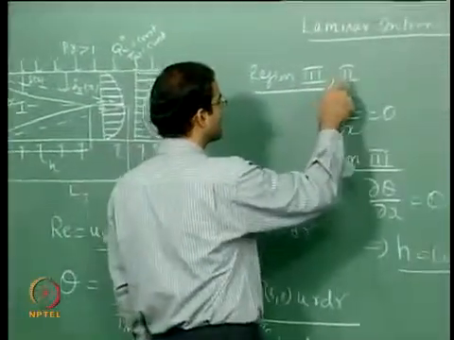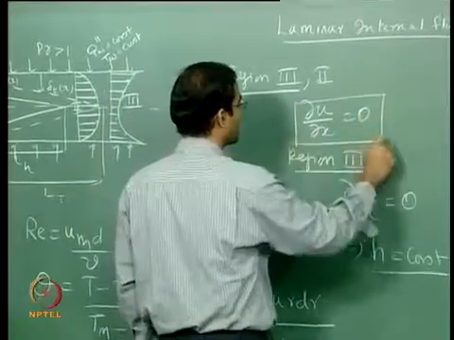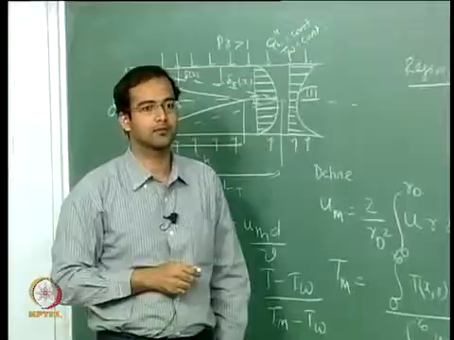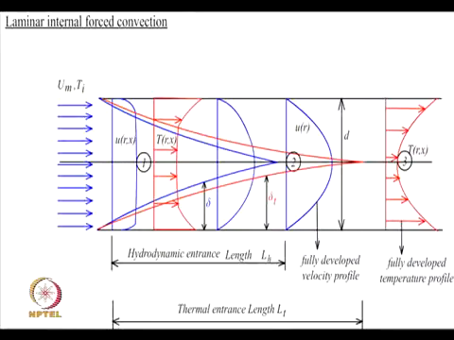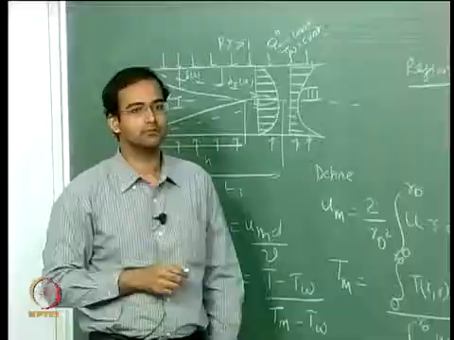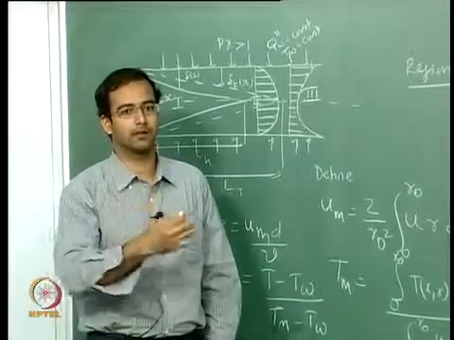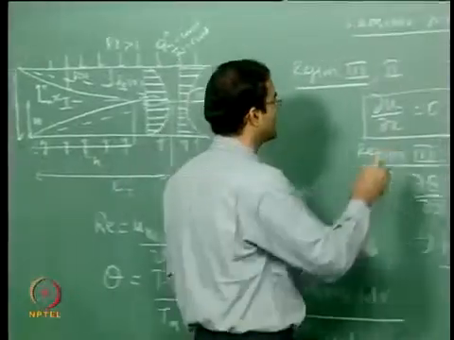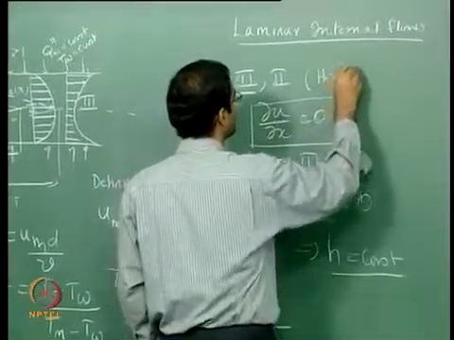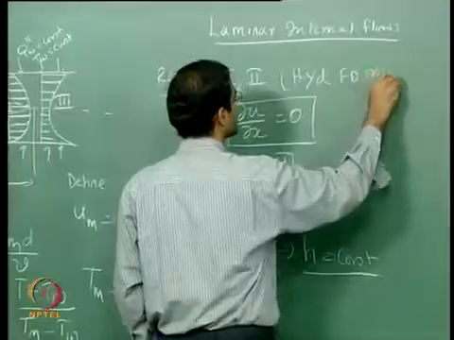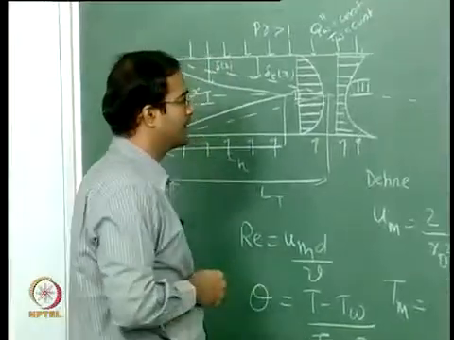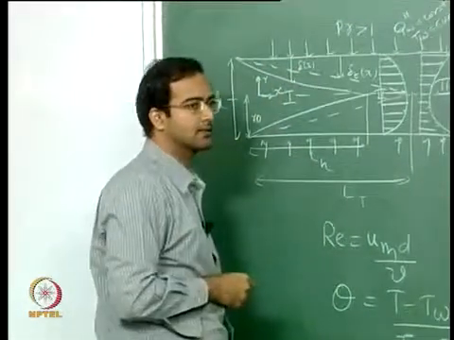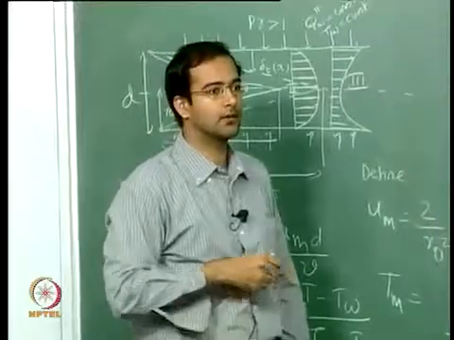So for regions 2 and 3 you can put a criteria that du by dx is 0. That means the profiles are invariant of position downstream, and this region is called the hydrodynamically fully developed region.